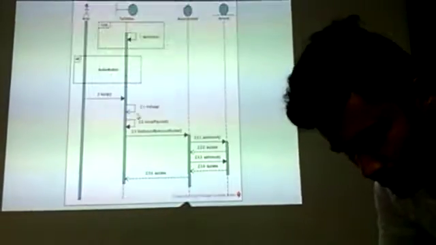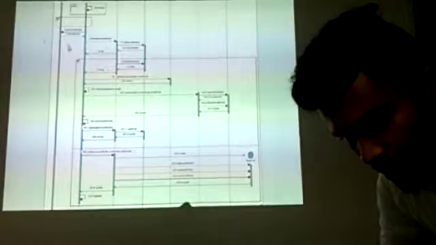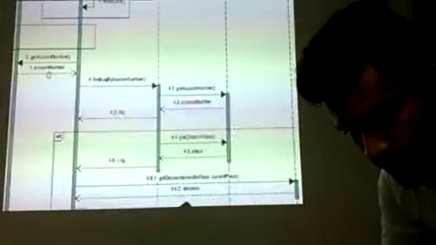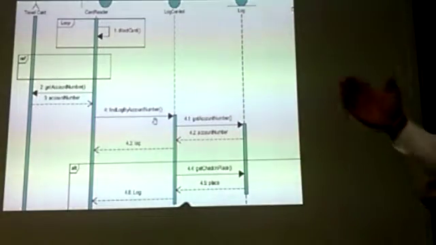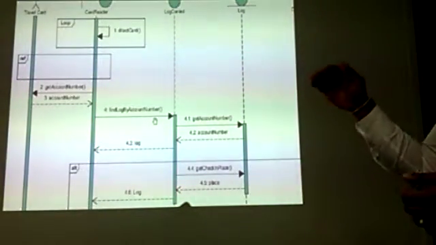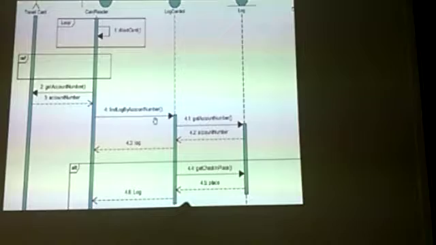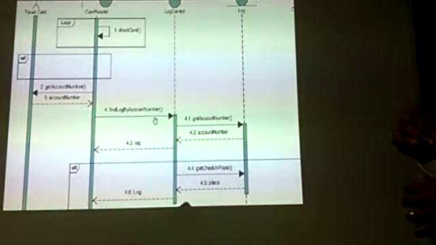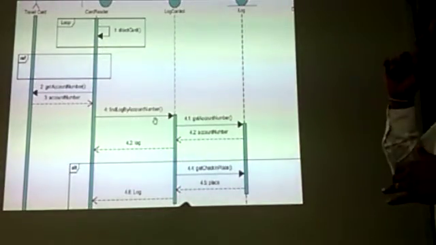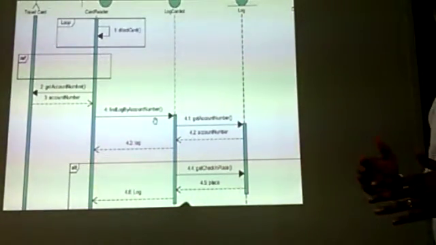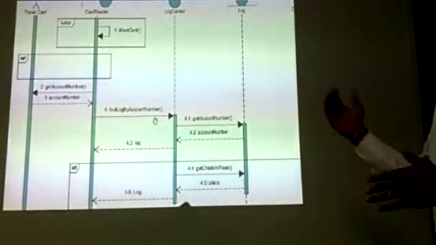After that part, the card reader will invoke the get account number method of the card, and the card will return the account number. After that, the passenger may already have checked in, or the passenger may be leaving the transport vehicle.